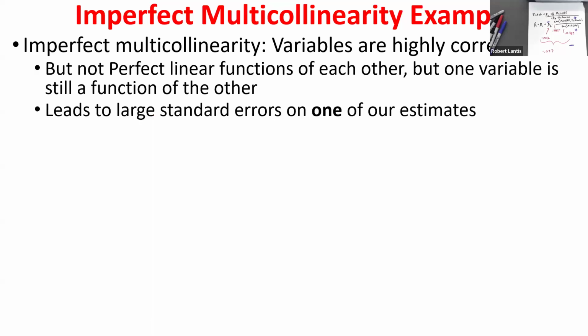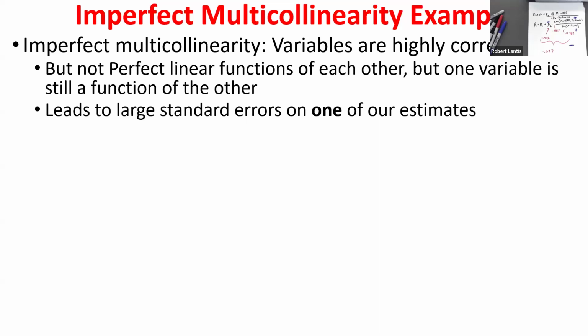What's going to end up being true, I'll lay out what happens. A good example when we're looking at wage data is age and experience. Inherently, if I have more years of experience, my age has to be higher as well.